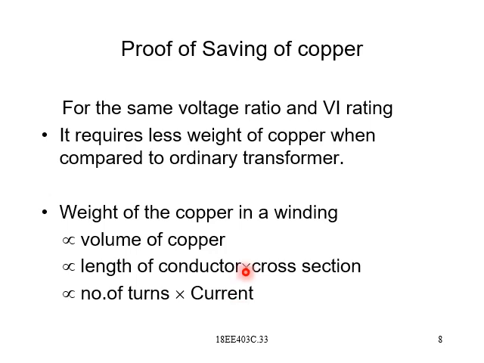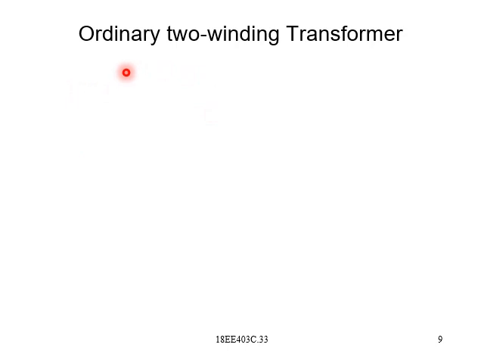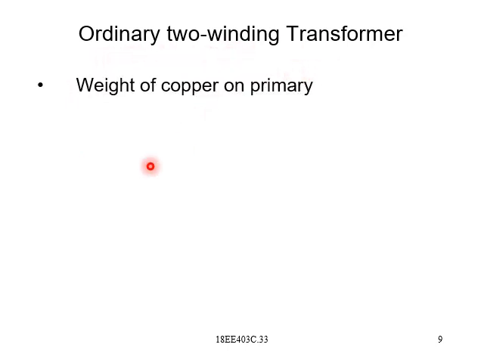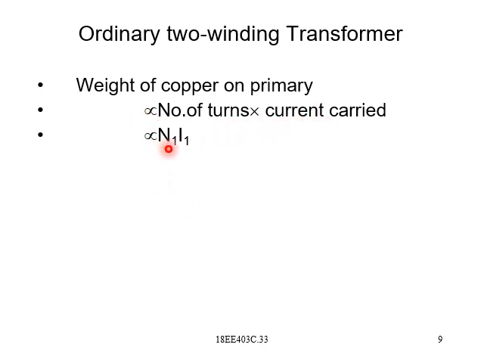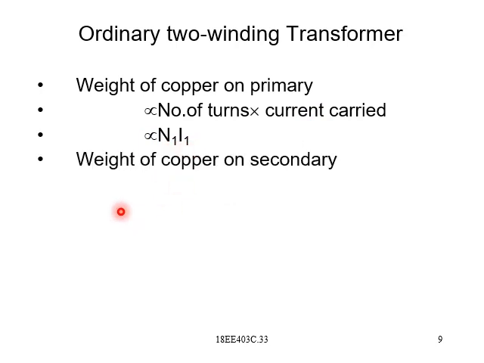Okay, fine. Moving on to the next slide. In an ordinary two winding transformer, the weight of copper on primary is directly proportional to the number of turns into current carried, that is N1 into I1. Weight of copper on secondary is proportional to N2 into I2.